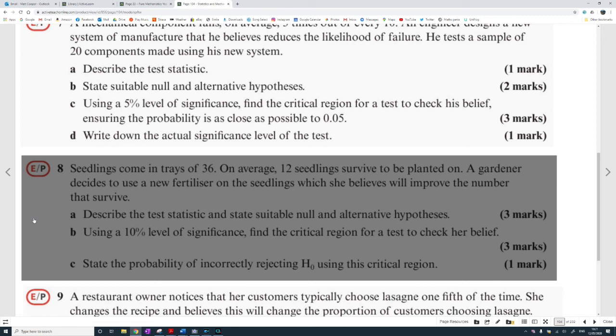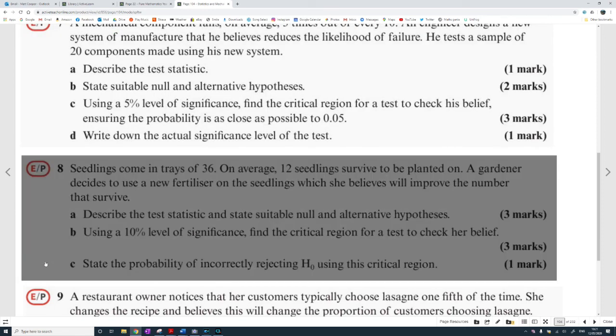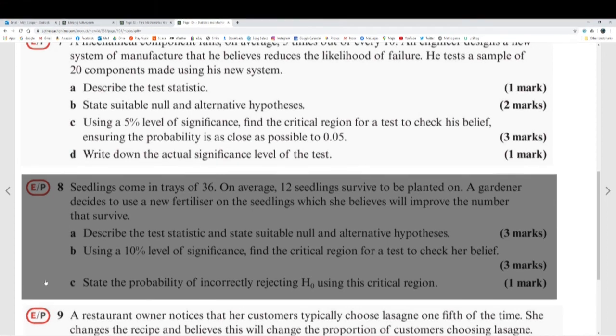So I'm having to choose my examples carefully. Question 8 is a context question. Part C in question 8 is another way of asking what we just answered in part D, the actual significance level of the test. And I might just talk about that in tomorrow's video as well. So just those 2 questions, question 5 and question 8 on page 104, exercise 7b. And then the final part of this comes tomorrow.